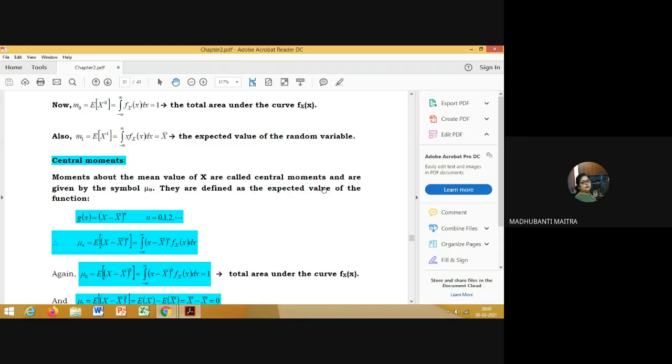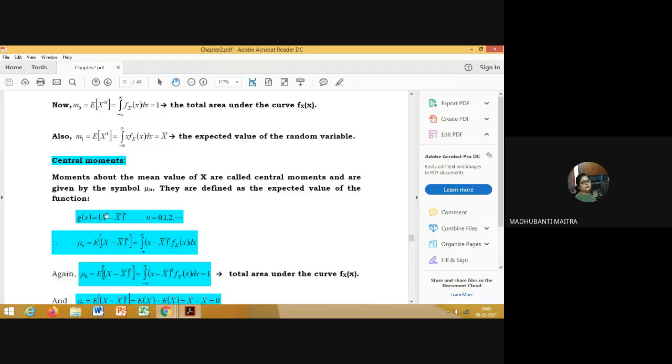They are defined as the expected value of the function. Now for the moment about the mean, the nth order function gx is represented as x minus x bar, where x bar is the mean value, so (x minus x bar) to the power n.